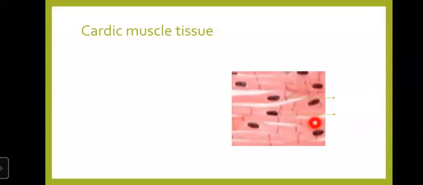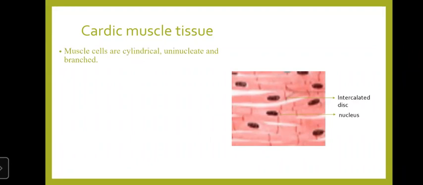Hence, cardiac muscles are branched. Now let us see the characteristics of cardiac muscles. Cardiac muscle cells are cylindrical, they are uninucleated and branched.